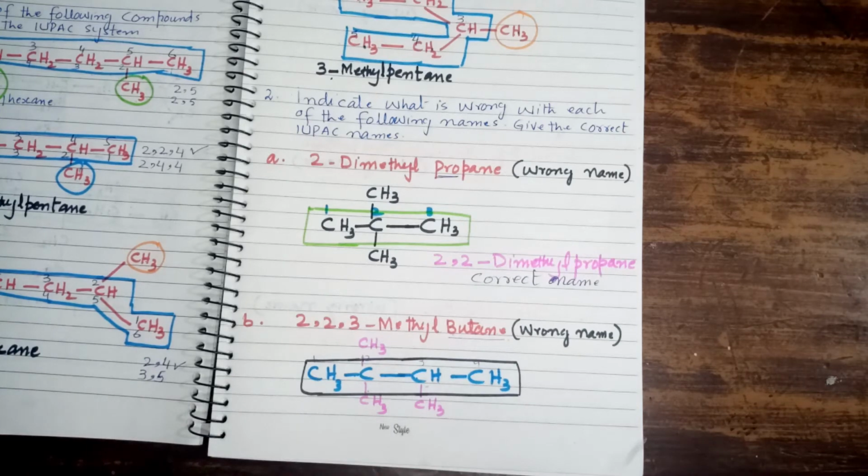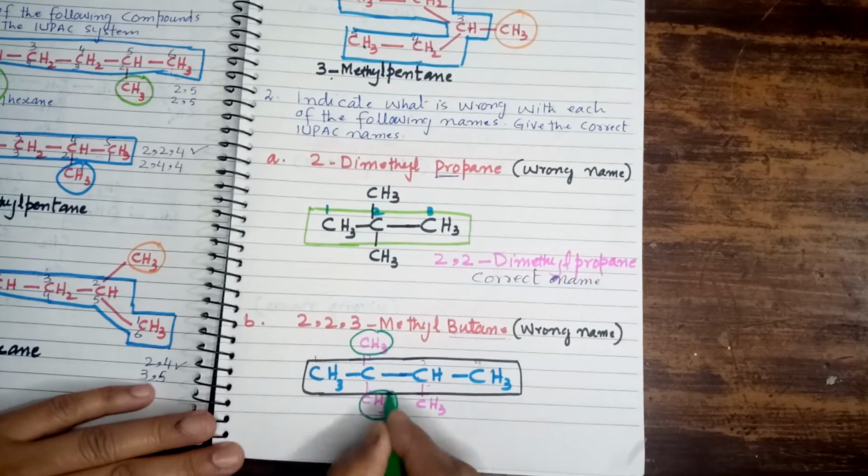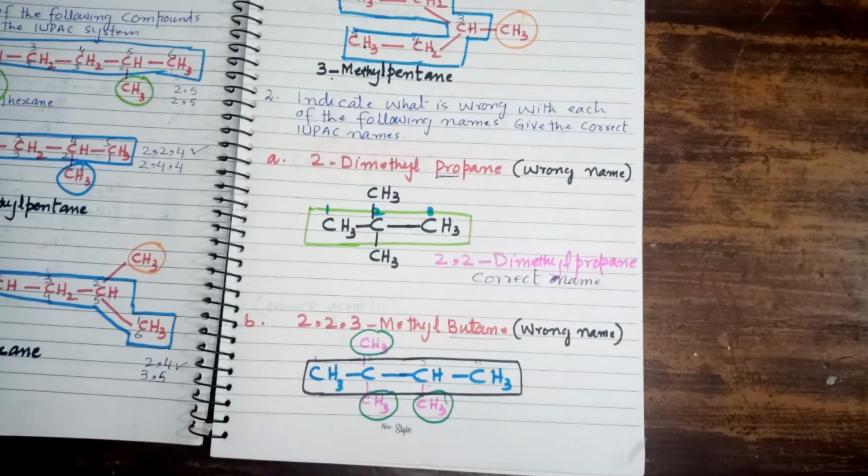Everything which is present outside the chain is a radical. 1, 2, 3. How many methyl radicals are there? 3. Right students? If there are 3 methyl radicals, then to specify the number of radicals, we use the term tri, right?